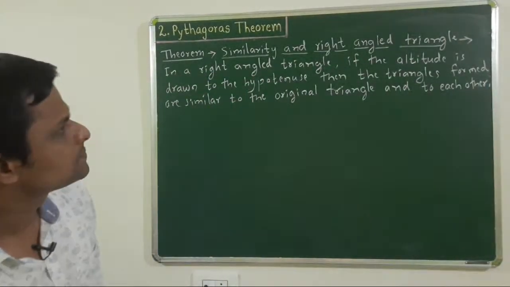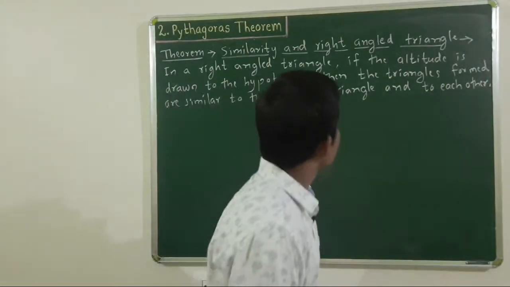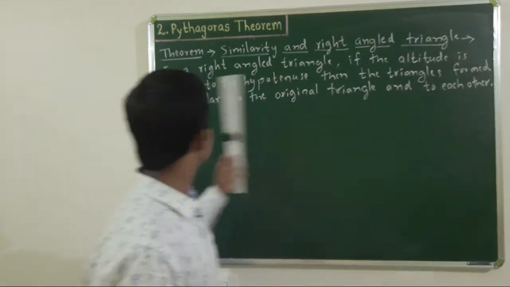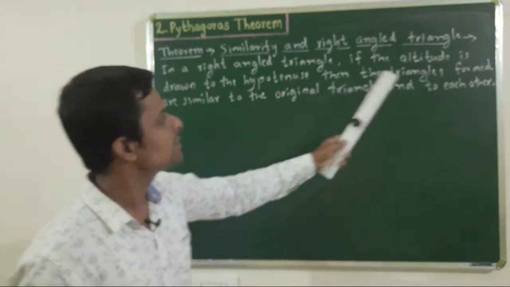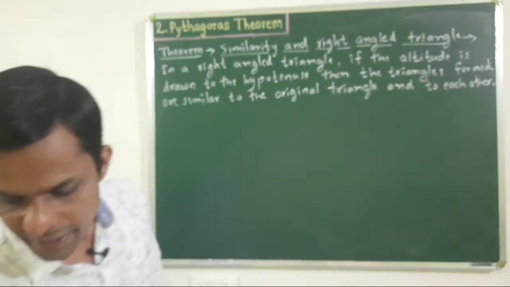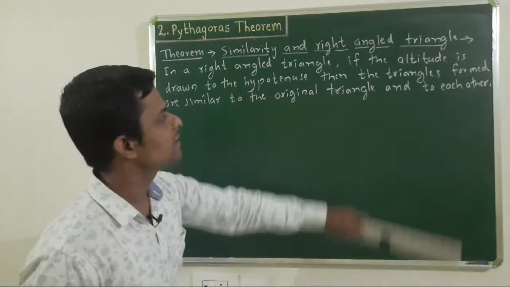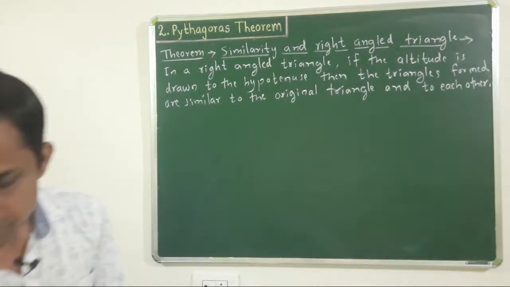See once again. In a right angle triangle, if the altitude is drawn to the hypotenuse, then the two triangles formed are similar to the original triangle and to each other.